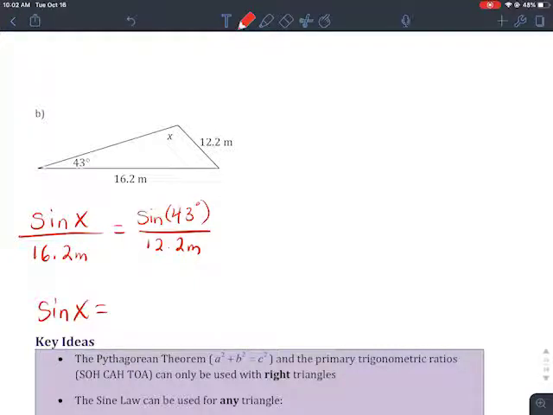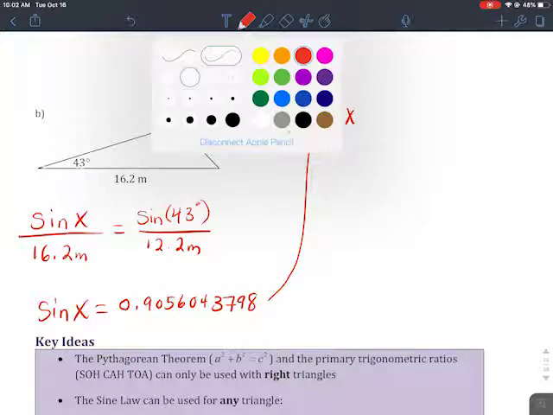Okay, so if we cross multiply and divide, the sine of x is going to be equal to 16.2 times the sine of 43 divided by 12.2. And again, we do get a long decimal, 0.5604379. Now keep in mind, again, this is not my final answer. I do have to take the inverse as well.